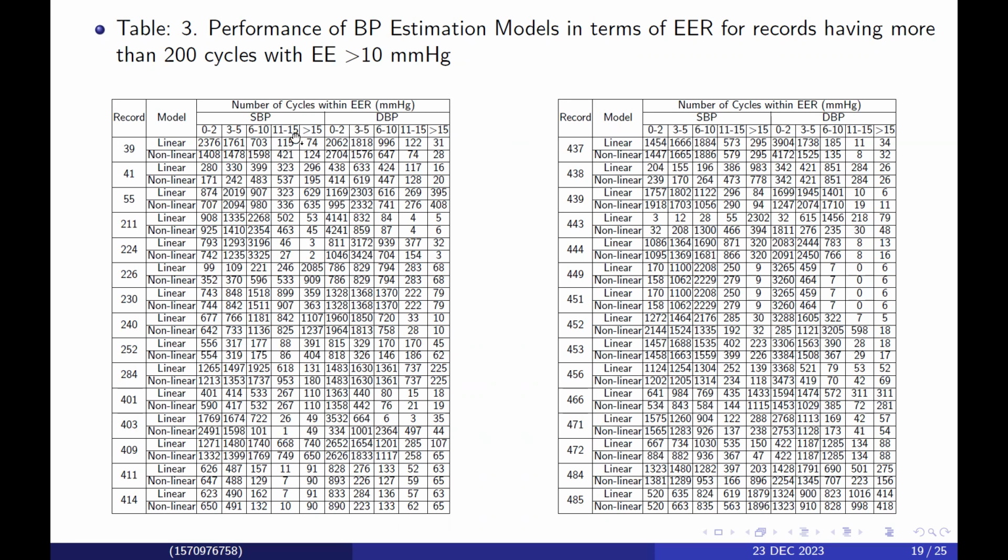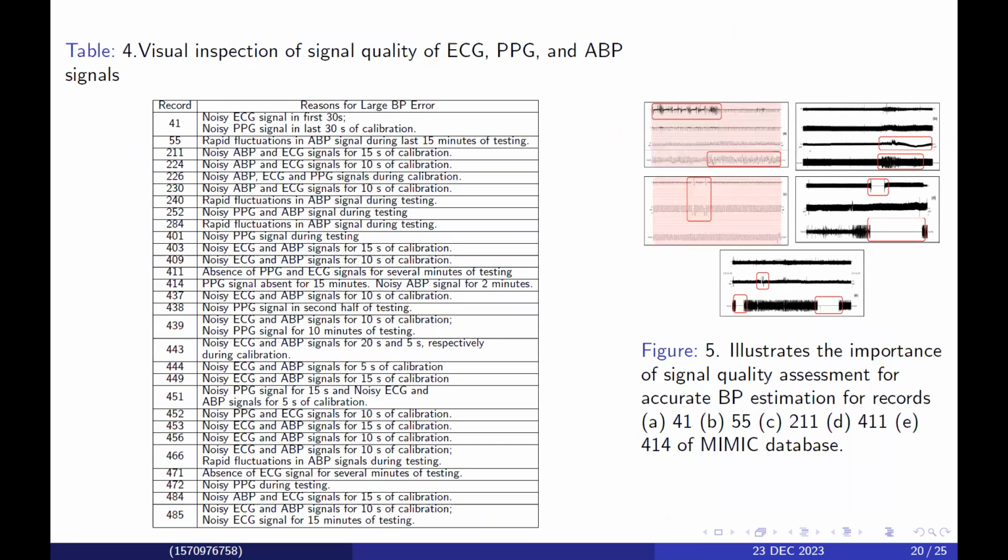So we further investigated the reason by visually inspecting each record, each of the signals: ECG, PPG, and ABP. What we found is that if the signal quality is very low during the initial calibration, then we cannot find the PTT and PR values properly. Similarly, the calibration coefficients will not be optimum, and we will get poor estimation results.